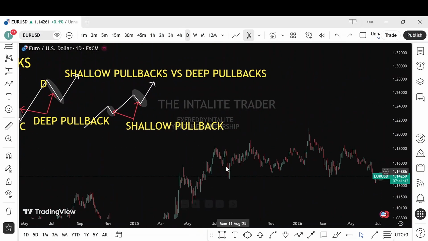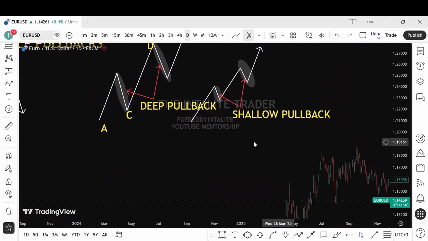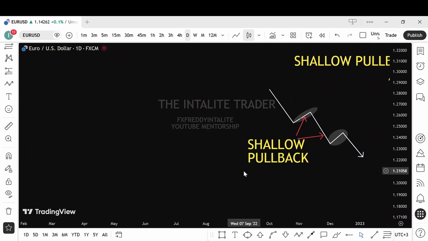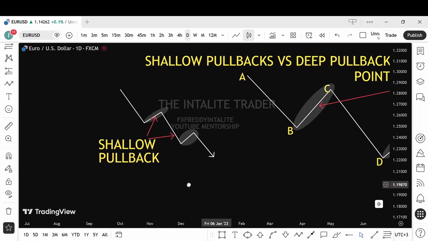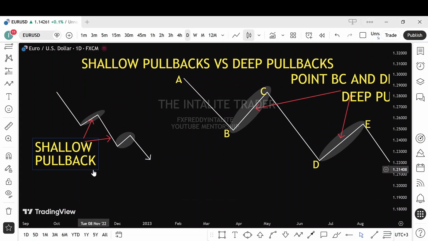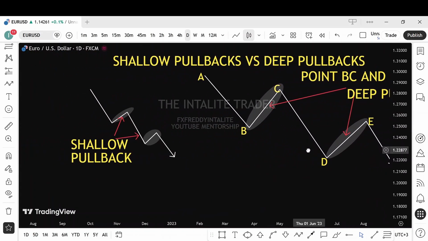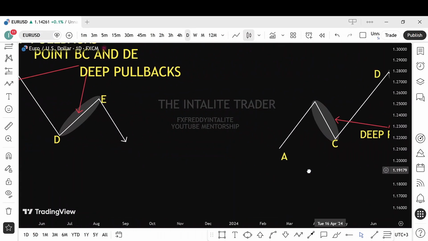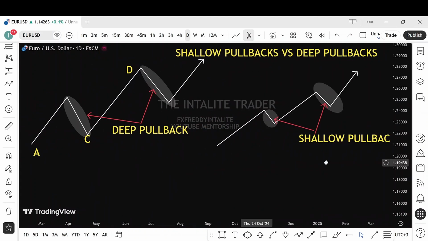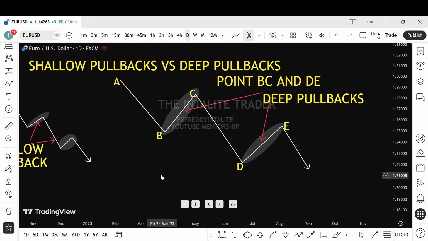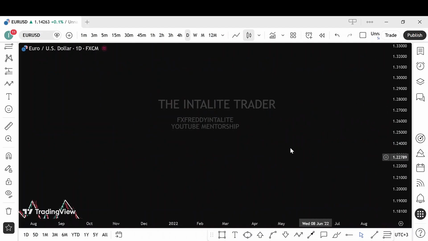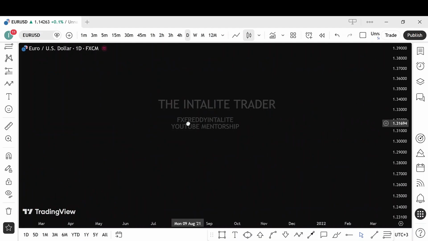So I was saying, when the price is moving, it will give you either shallow pullbacks or deep pullbacks, in an uptrend or a downtrend. That's what it will do. So how do we measure these pullbacks to tell what is likely to happen?